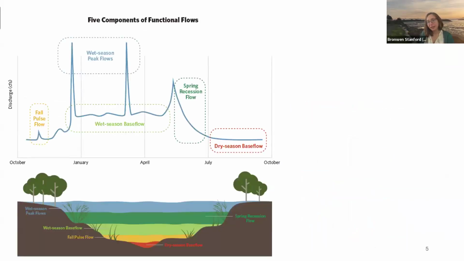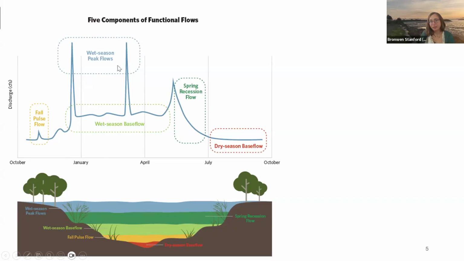And within the California Environmental Flows Framework, we've identified 5 functional flows that capture these annual patterns of variation that are important for our rivers here. These are the fall pulse flow, this first wet season initiation flushing flow, the elevated wet season base flow, including interspersed wet season peak flows or flood flows.